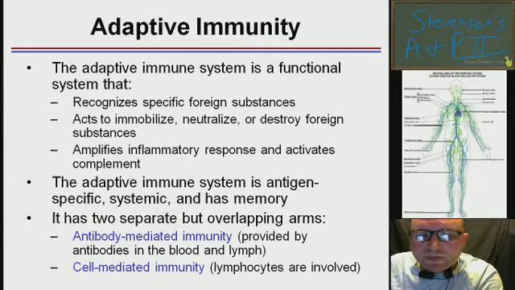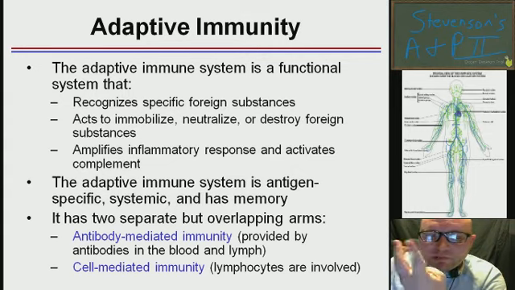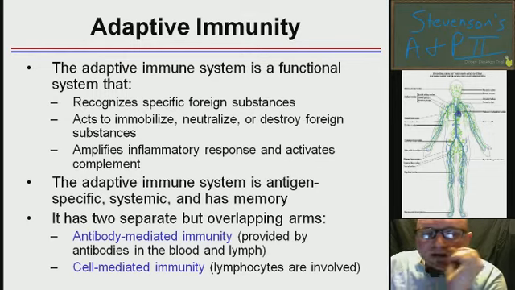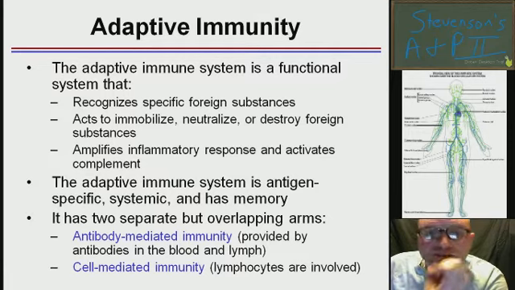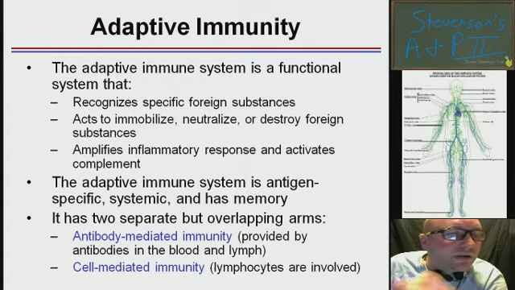It is systemic, and it also has memory. Three things there: the adaptive immune system is antigen specific, it is systemic, and it has memory. That makes it very different from the innate immune system.